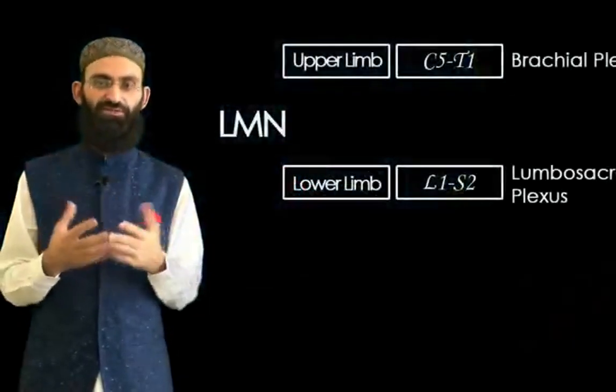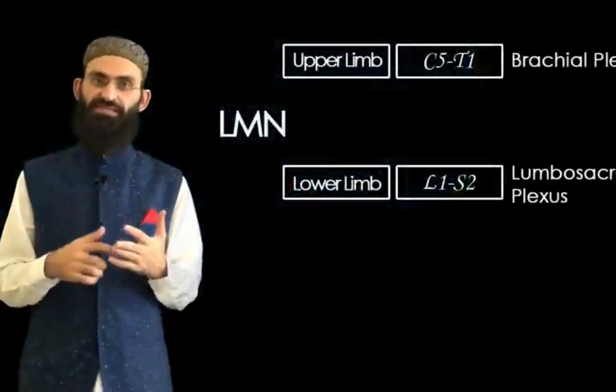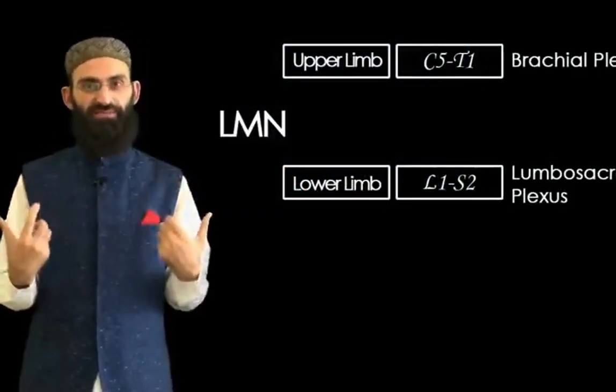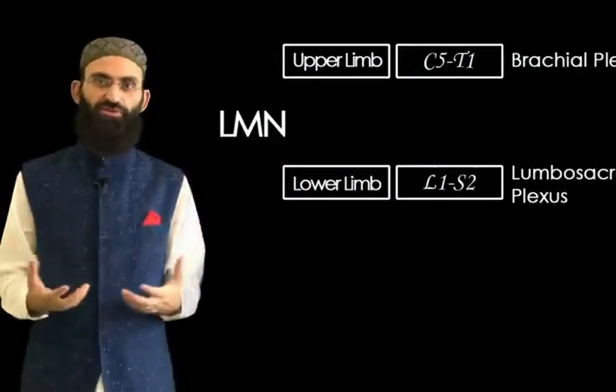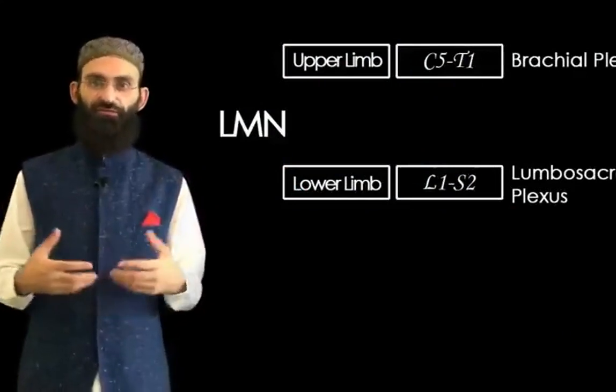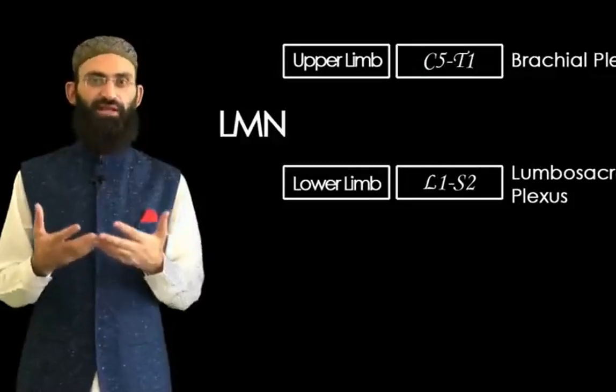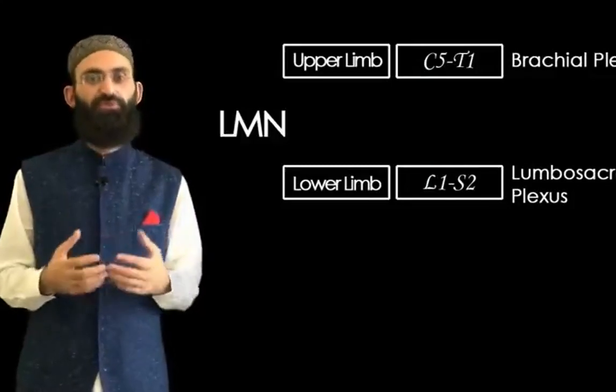The lower motor neuron supply of the upper limb comes through C5, 6, 7, 8 and T1 spinal segments through the brachial plexus, while the lower motor neuron supply of the lower limbs comes through L1, L2, L3 and L4 spinal segments through the lumbar plexus. Now we will discuss in greater detail the concepts of upper and lower motor neurons.